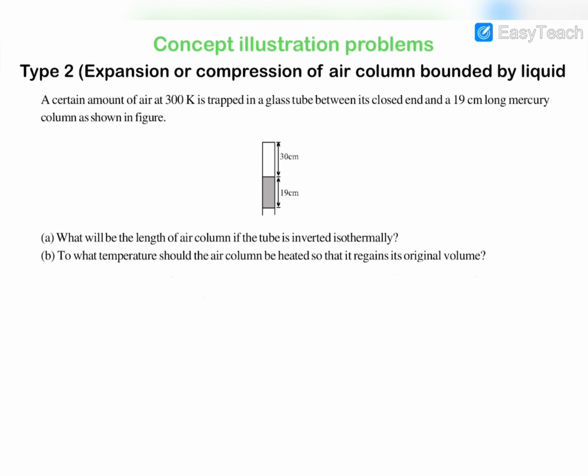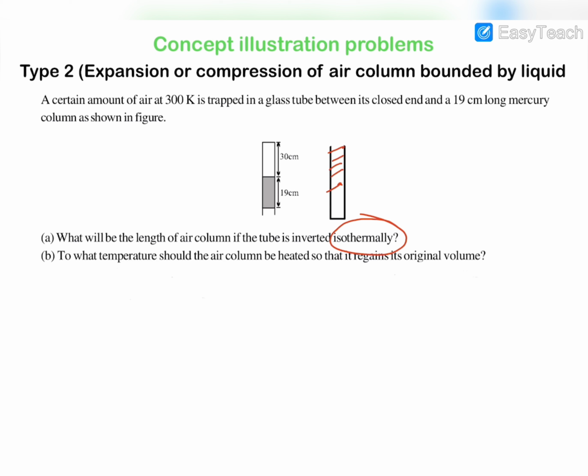First of all, the most important thing I wish to point out is that when this tube is inverted, mercury will be on the upper side of the tube, and air will be trapped below the mercury.